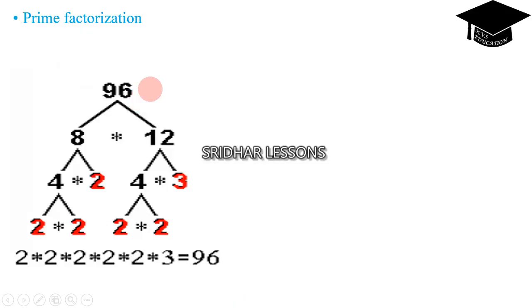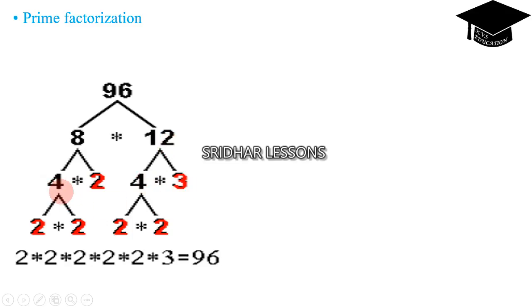Now we will see a little bit bigger number, 96. 96 can be divided into the factors 8 and 12. 8 into 12 is equal to how much, my dear children? 96. Now the factors of 8 are 4 into 2, and the factors of 12 are 4 into 3.